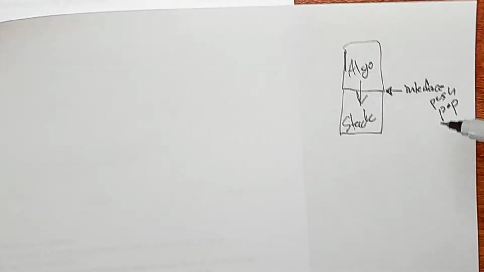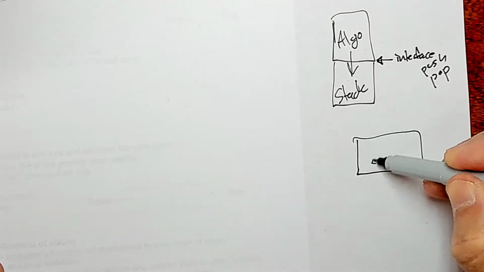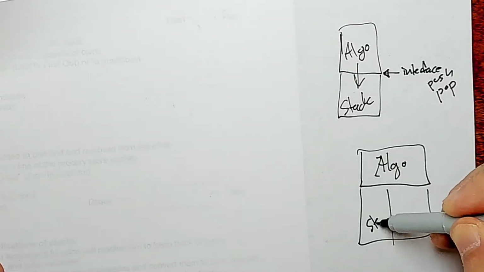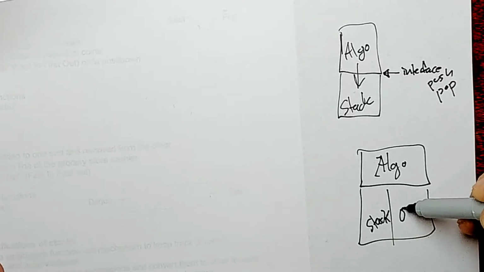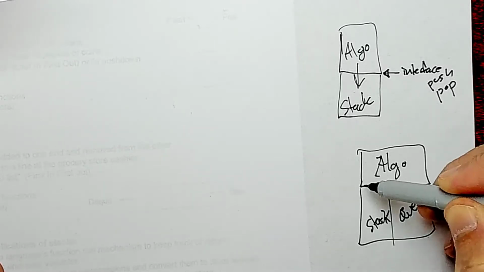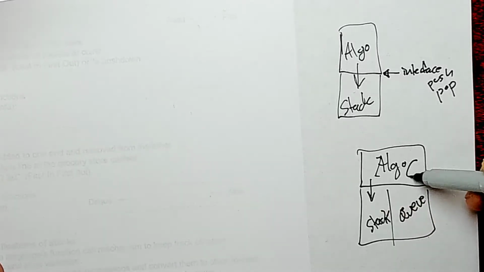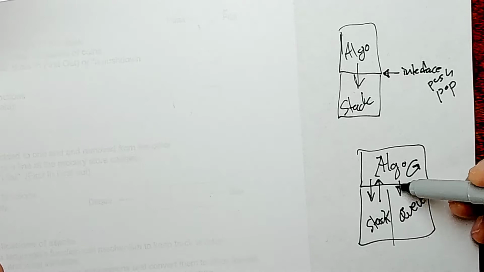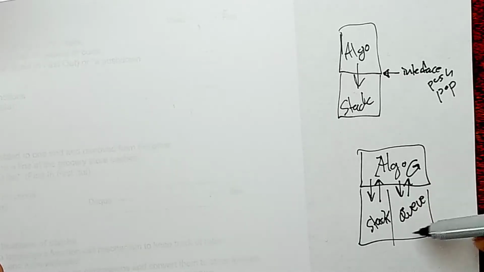We're going to look at a couple of those, and then we can get a little fancier, and we could have algorithms that utilize both of these things. You could have a stack down in here and a queue over here, and this guy up in here could be doing loops and whatnot, and calling these push and pop operations, or calling queue and dequeue. That's what we're going to look at.